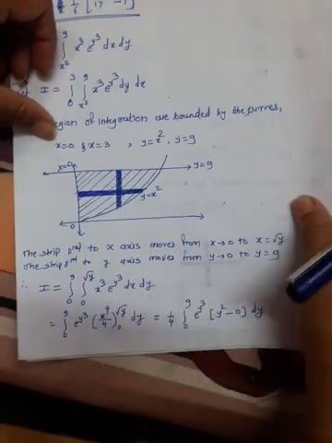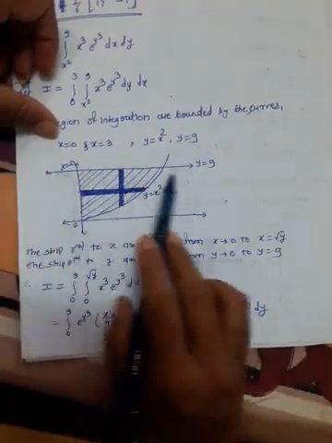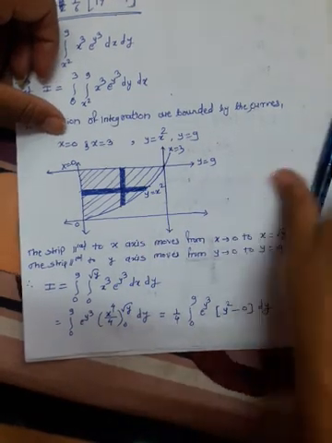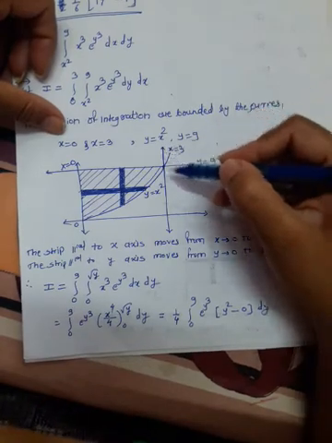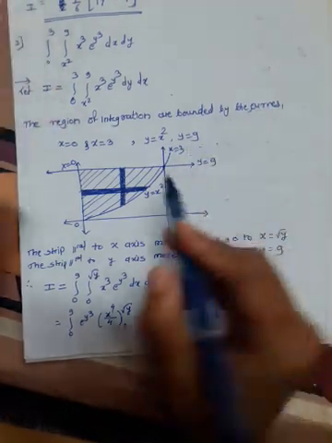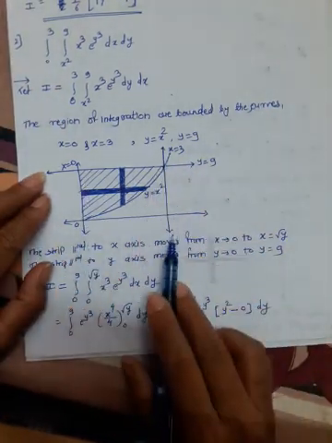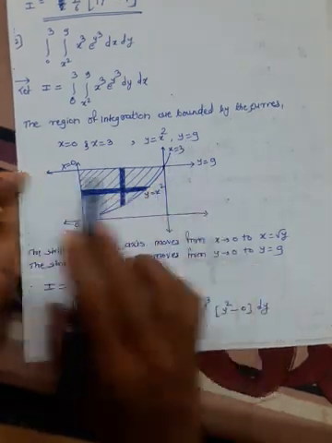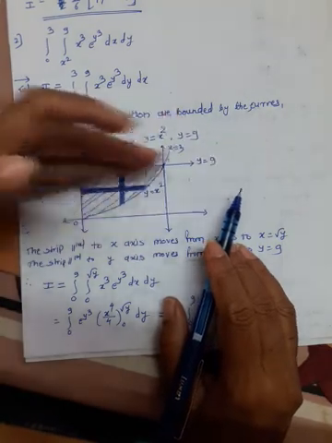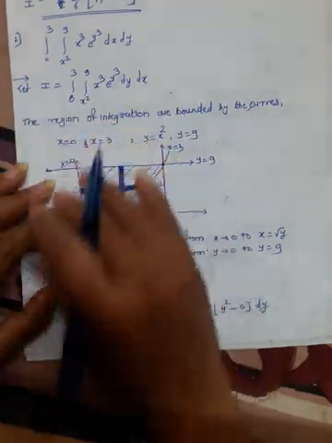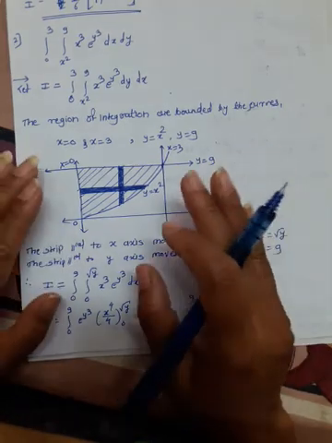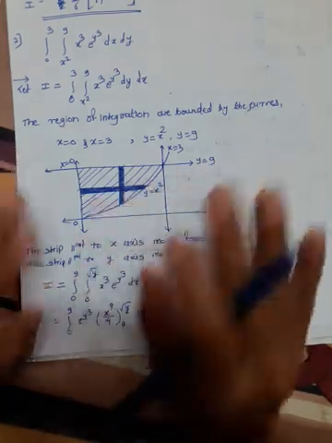Suppose this is y is equal to 9, then this is the line x is equal to 3. This is x is equal to 0, this is x is equal to 3, y is equal to 9. Suppose this is parallel to the x axis, y is equal to 9, and accordingly you can draw the given curves sufficiently large.